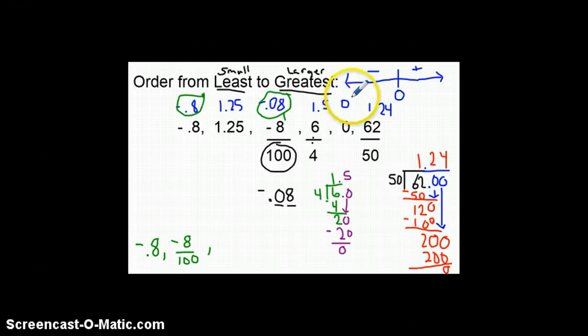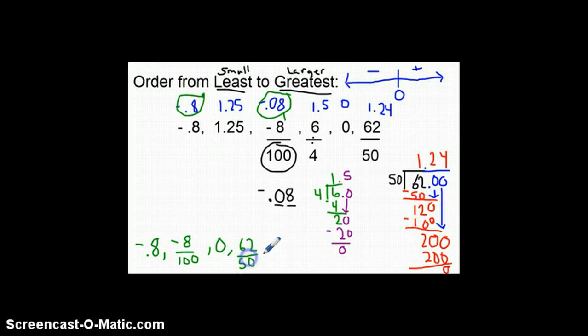Next, we're going to put our 0, because it's right in the middle, it's neutral. Then, the numbers to the right of 0 are our positive numbers. You think about it from smaller to bigger with positives. So we have 1.24, which is really 62 over 50.